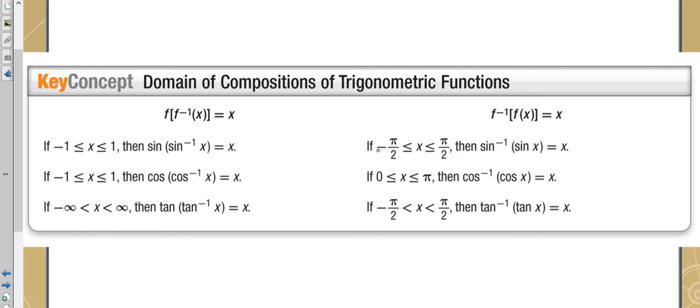x has to be between -pi/2 and pi/2, and here's why. Let me just draw it. When we deal with the original function for sine, you think about the first positive value and the first negative value, where the function wouldn't blow up. The positives are here. Here's the closest positive sine in this quadrant.